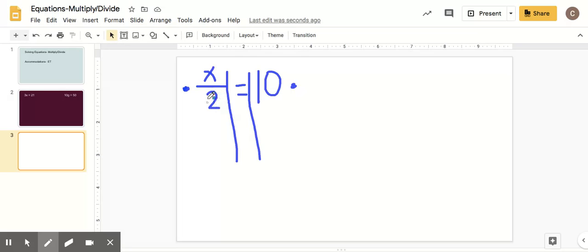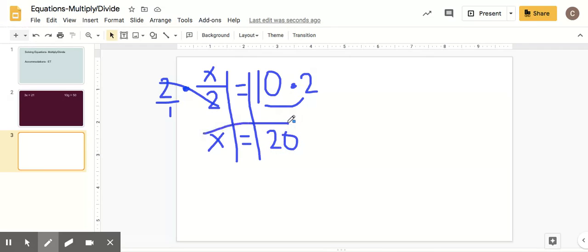So that means I'm going to multiply by 2. So these 2's are going to cancel out because what this looks like is 2 over 1. And so the 2's cancel out and we're left with x over 1, which means we're still just left with x. And what is 10 times 2? 10 times 2 is 20, and so our answer is that x equals 20.